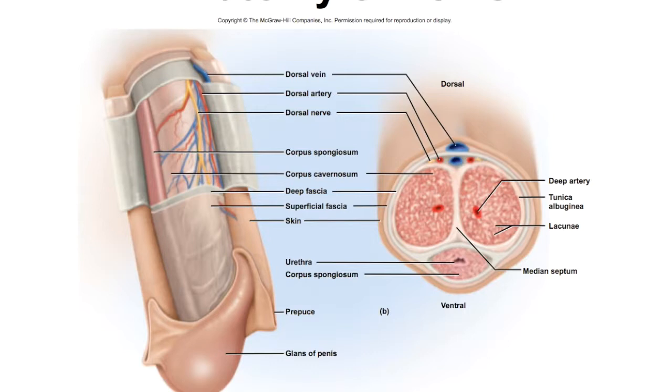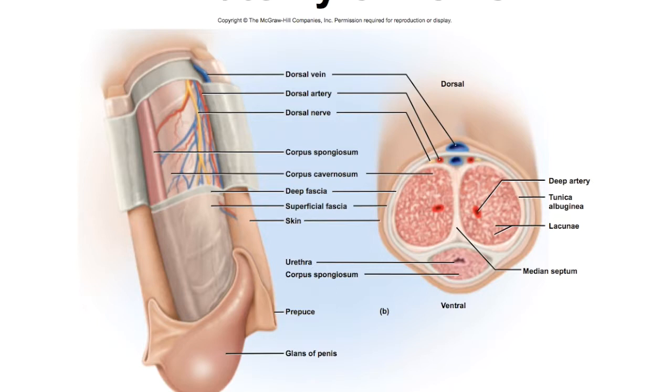Anyway. Here is a nice structure of the penis that you can see a little bit better. Looking at the transverse cut, you see the very large gaps, what look like eyes. That is the corpus cavernosum. At the base is the corpus spongiosum.